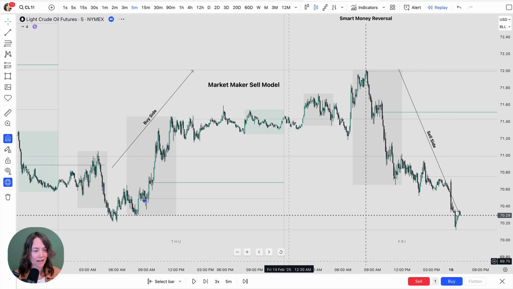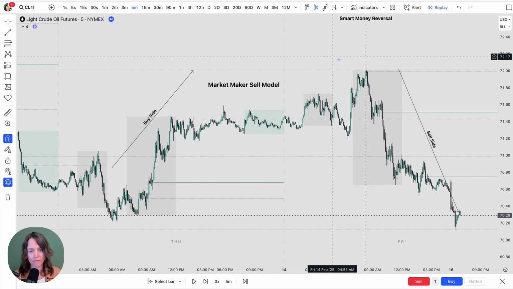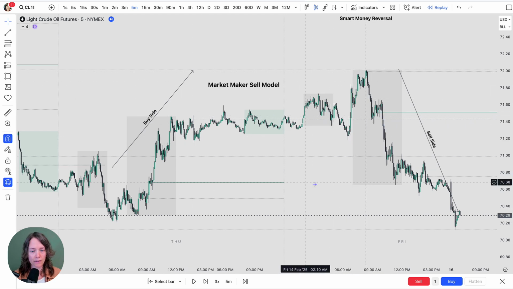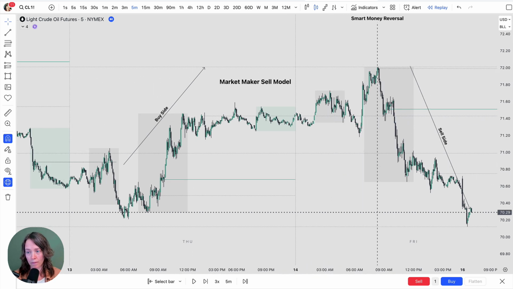That means that this in itself is the fractal of that on a lower time frame. This right here is also a smaller time frame sell model. So we have a buy side of the curve, sell side of the curve. You see those happening fractally everywhere.